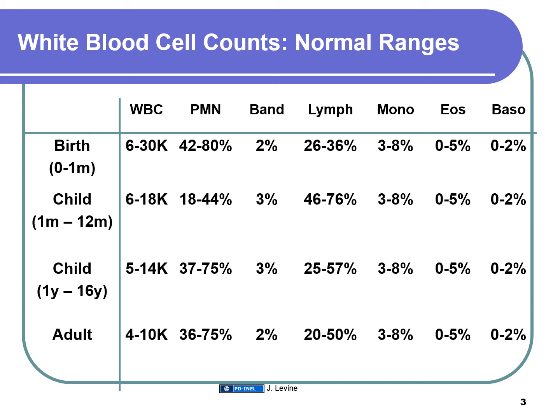In this slide, I just want to show you the different normal ranges of the white blood cell count and its differential regarding the polymorph, band, neutrophil, monocyte, eosinophil, and basophil.